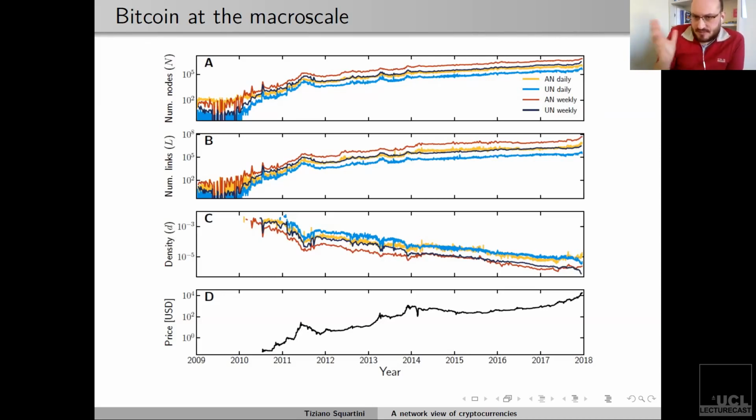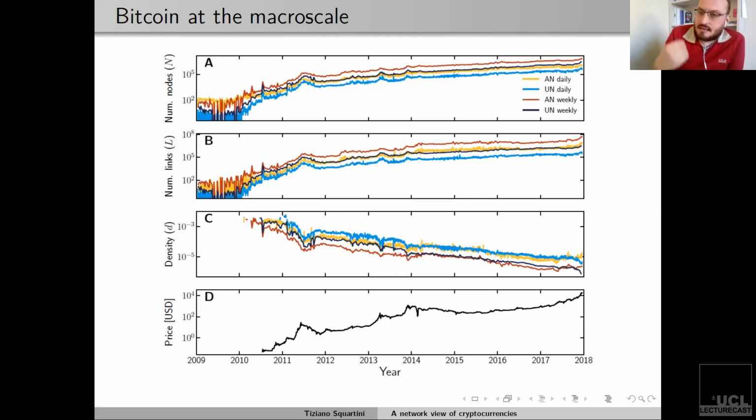So the picture is basically the same. There is a system that is growing, so the number of nodes is rising. The number of links is rising as well. However, the link density is decreasing. So the network is becoming larger, but it is also becoming sparser.